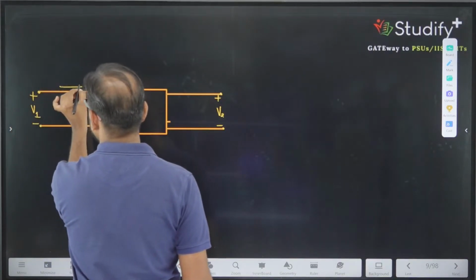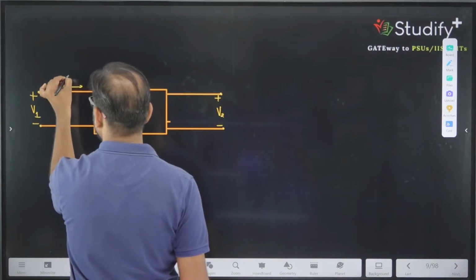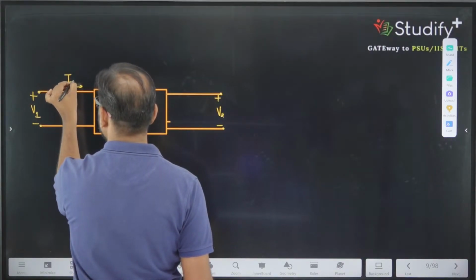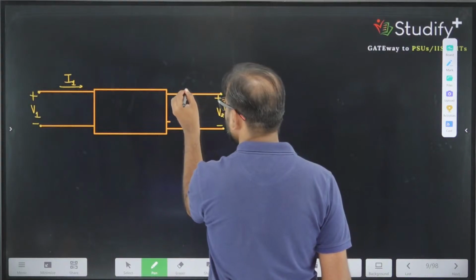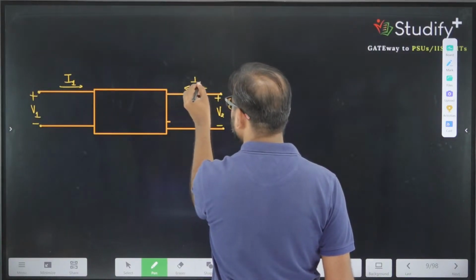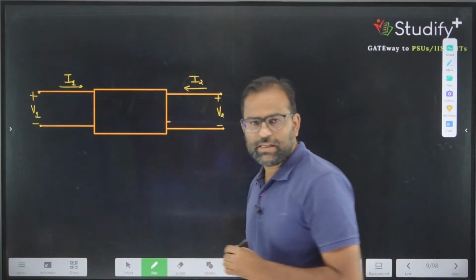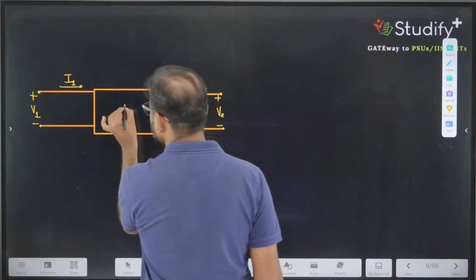This current is I1 and this current is I2. Both are going inside the network, and we have here a Z parameter.